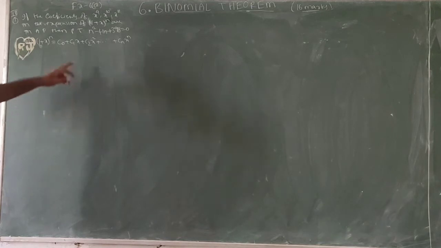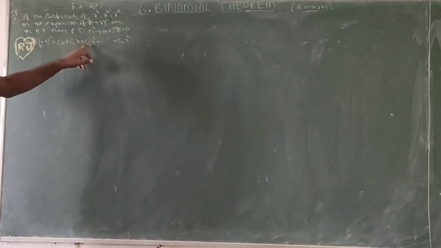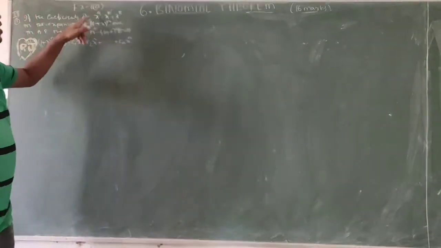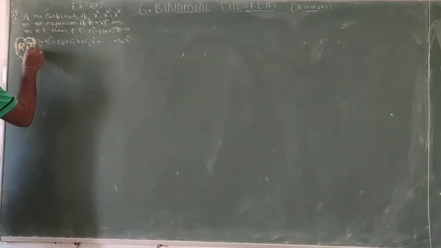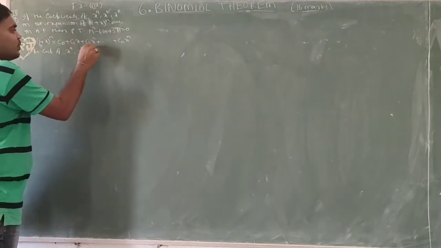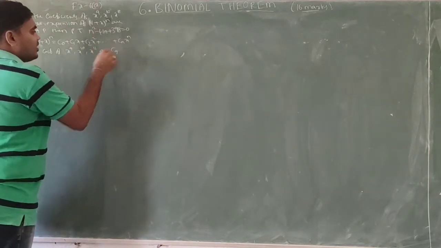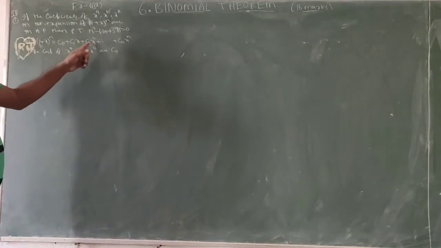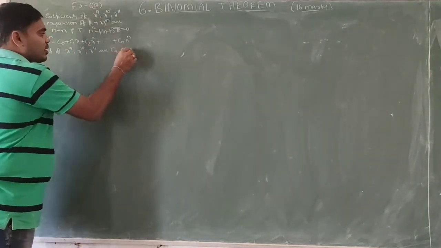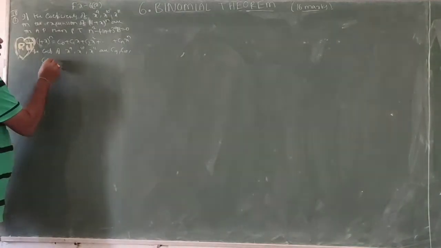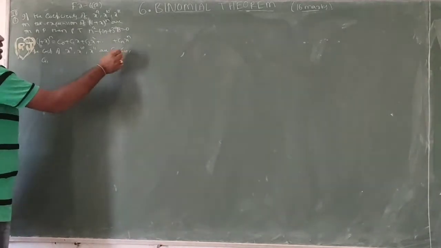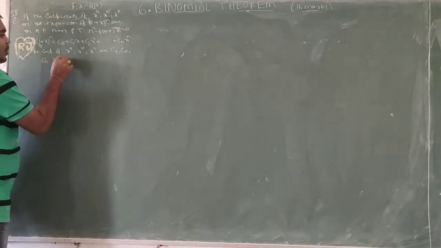So observe x power 1 coefficient c1, x square coefficient c2, x cube coefficient c3. The coefficients of x power 9, x power 10, x power 11 are c9, c10, c11 respectively.